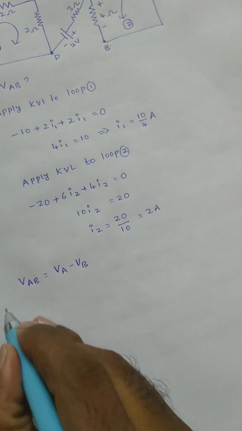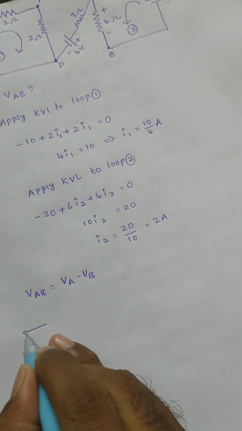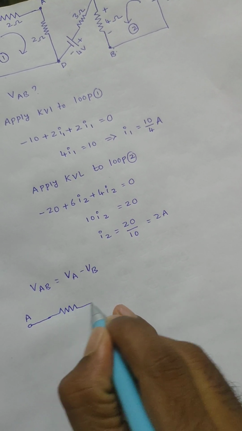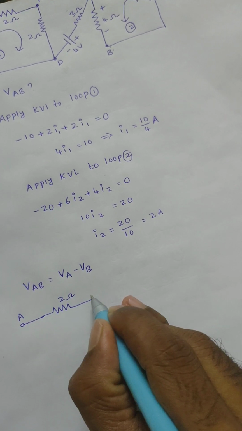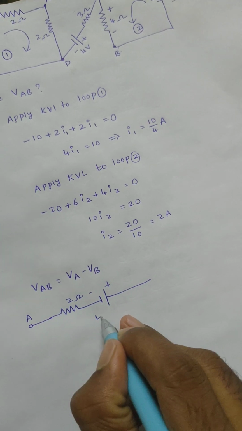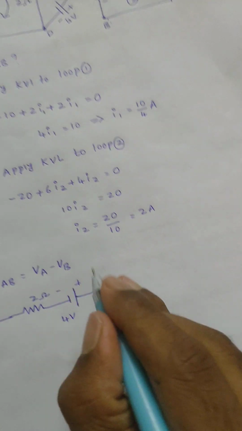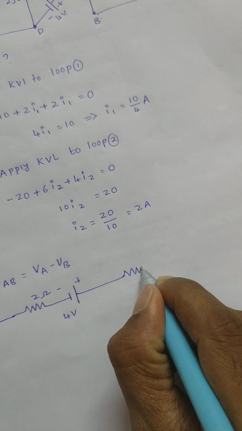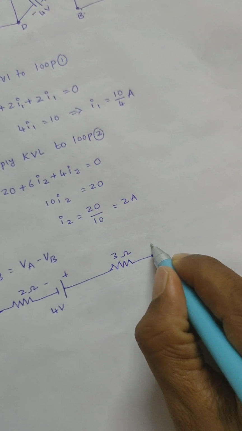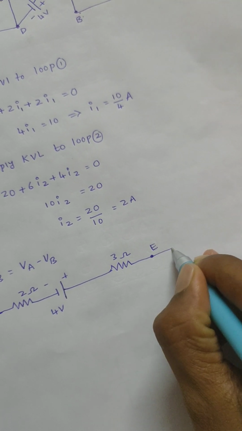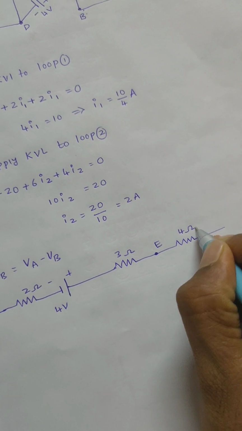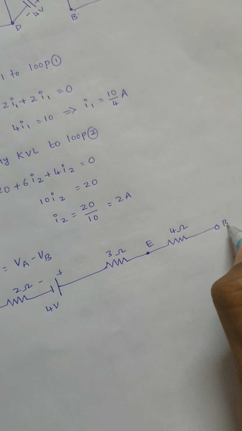For your understanding purpose I can draw like this. Here A potential, 2 ohm, minus plus 4 volts, then ohm, it is E potential, 4 ohm, B potential.